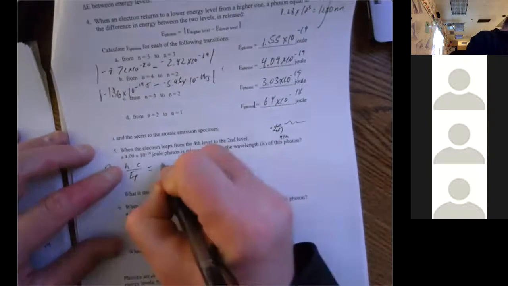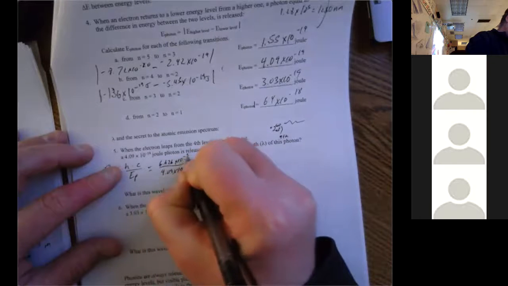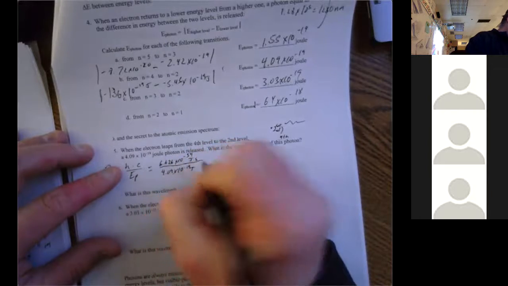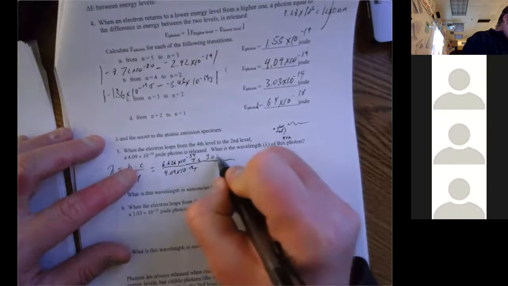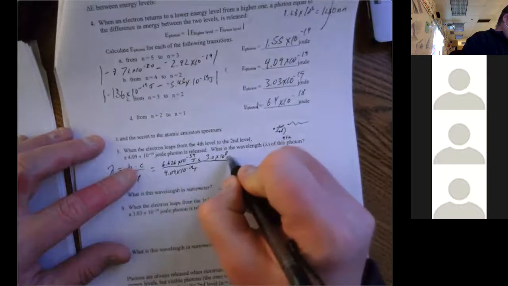Planck's constant is 6.626 times 10 to the negative 34th joule seconds. And the speed of light is 3.0 times 10 to the 8th meters per second. If you take a look here, joules will cancel out and seconds will cancel out, and we will be left with meters. So all we need to do is take this times this divided by this.